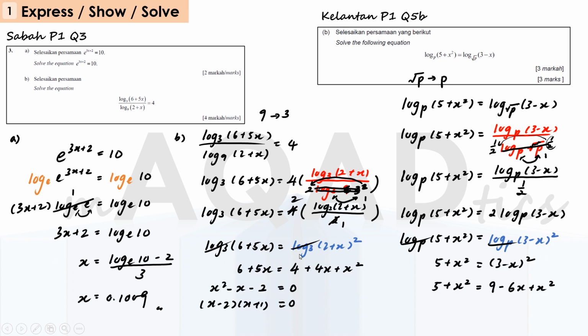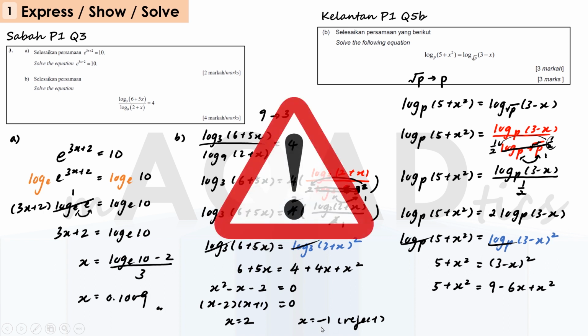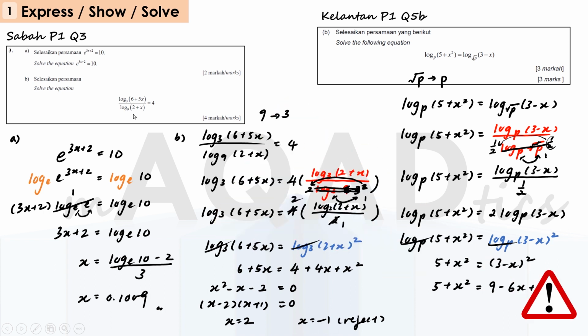Okay, so for the Sabah question, we will find it is a quadratic equation, so we need to factorize, and we have two answers, 2 and -1. But this one we reject, because if we substitute -1 back into the denominator here, we will get log base 9 of 1. Just now I mentioned, regardless of the base, if the value is 1, this will become 0.